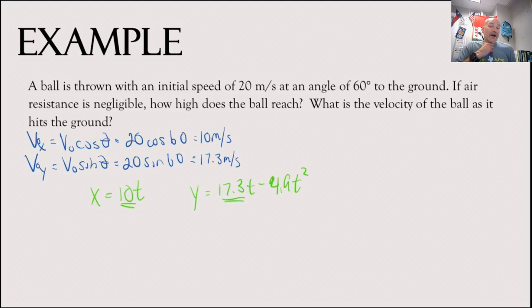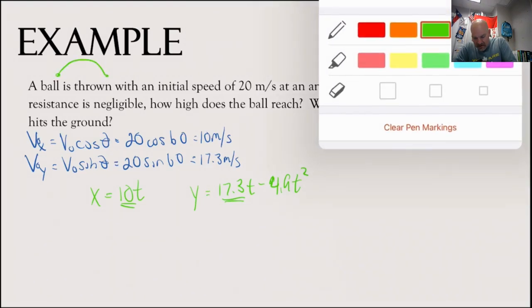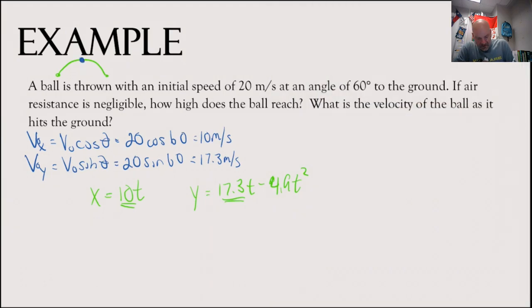Now, to figure out how high the ball reaches, the way you think about it is if this is the path of the ball, this is the point we're looking for. Well, in math, that is the vertex.